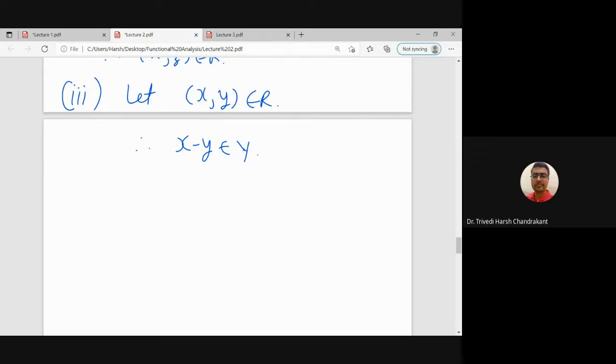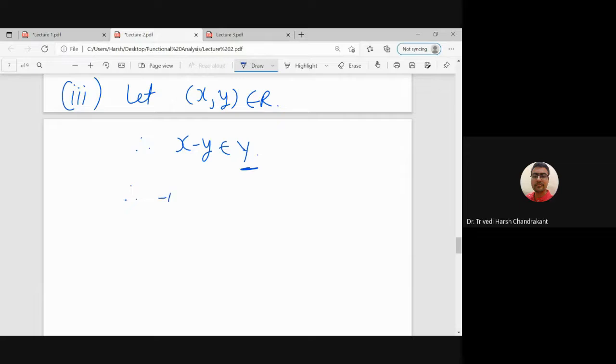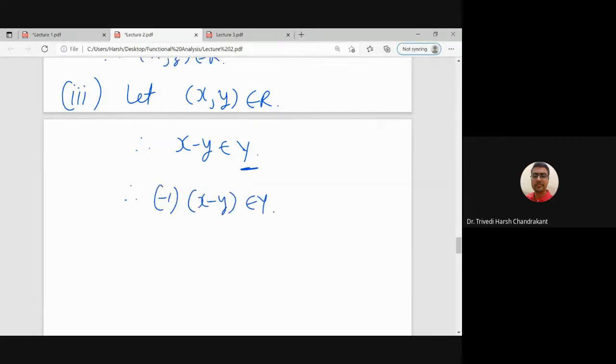Here we'll use the second operation. Since Y is a subspace, it is closed under scalar multiplication. So if x minus y belongs to Y, then minus 1 times x minus y also belongs to Y, right? Because it is closed under scalar multiplication.